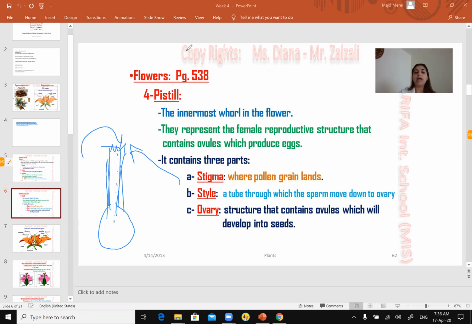And at the bottom, the ovary, structure that contains ovules. These ovules actually will develop into seeds. So later on, the ovary will form the fruit, and inside the fruit, these ovules will develop into seeds.